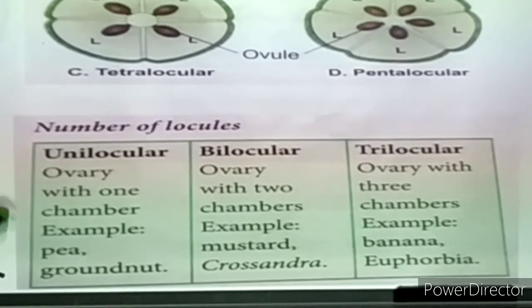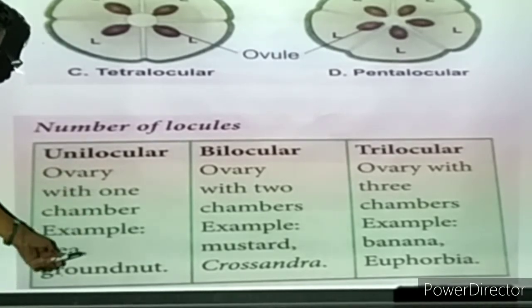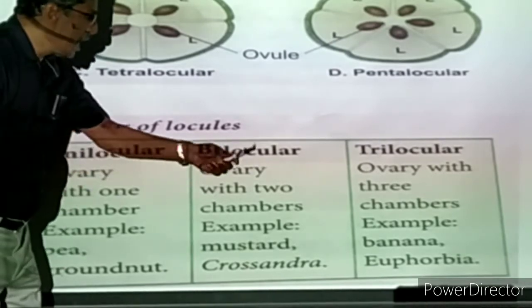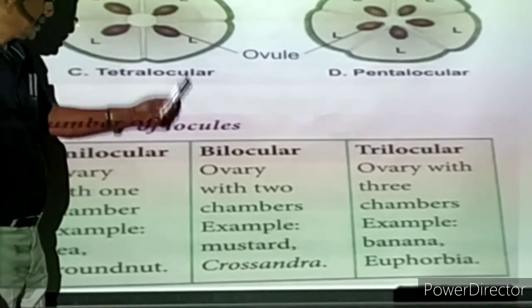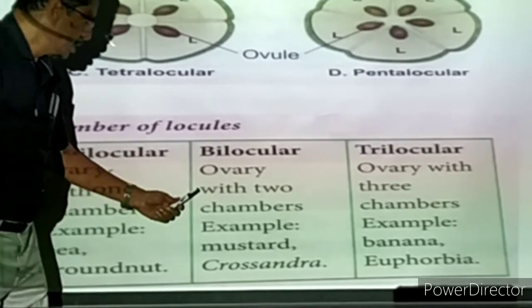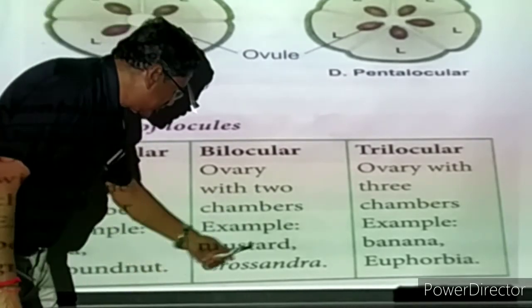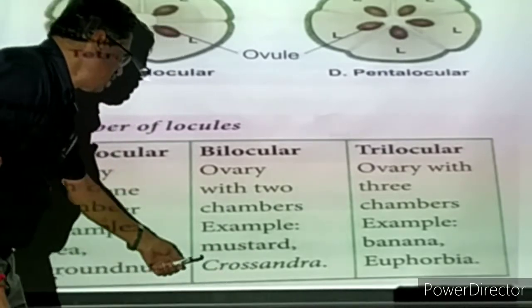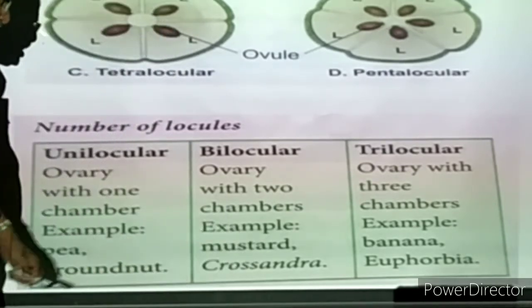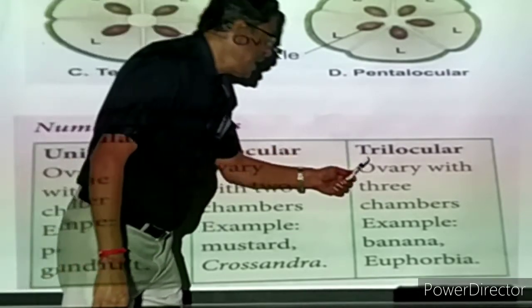Now see the number of locules. Unilocular ovary: only one cavity will be present, with one chamber. Example, groundnut. Bilocular ovary, with two chambers inside. Examples are mustard and Cassandra.